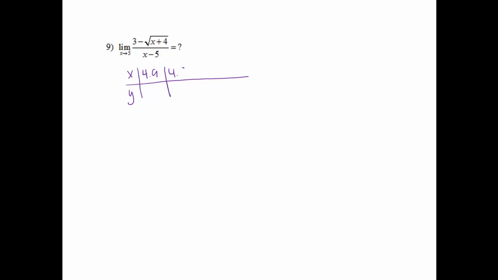So 4.9, 4.99, 4.999, and then 5.001, 5.01, and then 5.1. And then I went to my table feature and found those out.